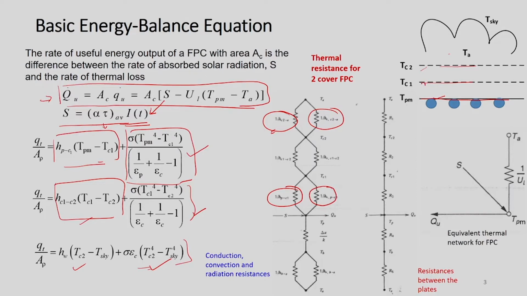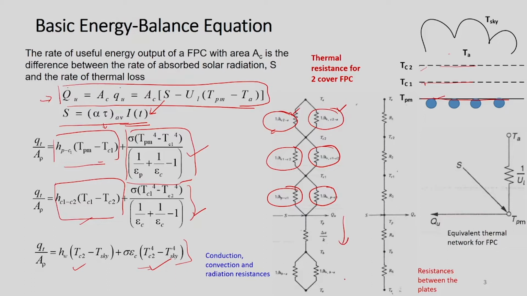Then from glass cover 1 to glass cover 2, we have these two expressions, and from glass cover 2 to ambient, we have these two expressions. And then this part is towards the bottom. These are the resistances.